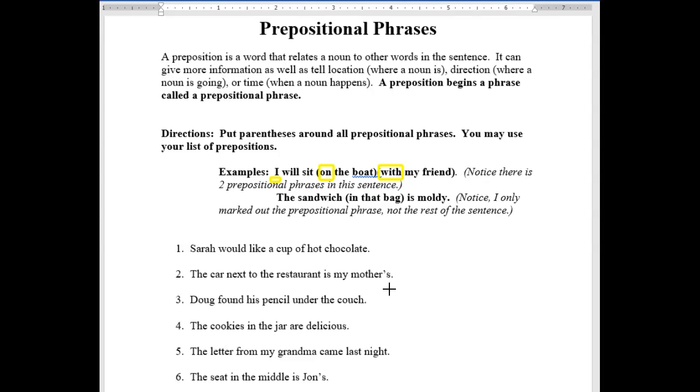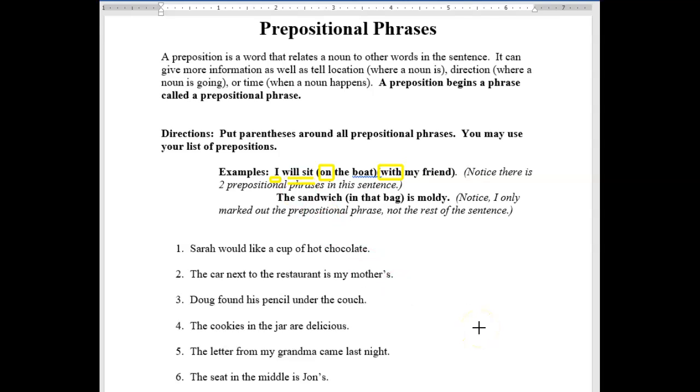And then we would underline the verb twice. Let me see if I can get a line here. And then I would take my verb, will sit. Ooh, anyone notice there's a helping verb there? Remember, I look for my verb and then I back up to see if there's a helping verb.